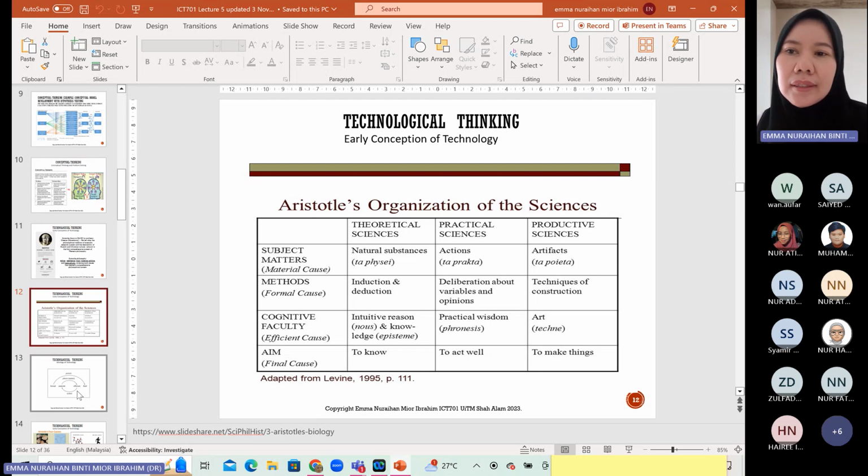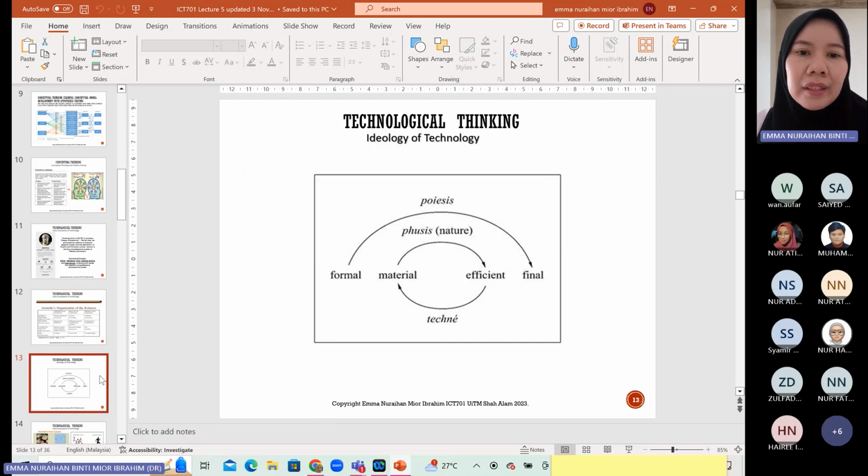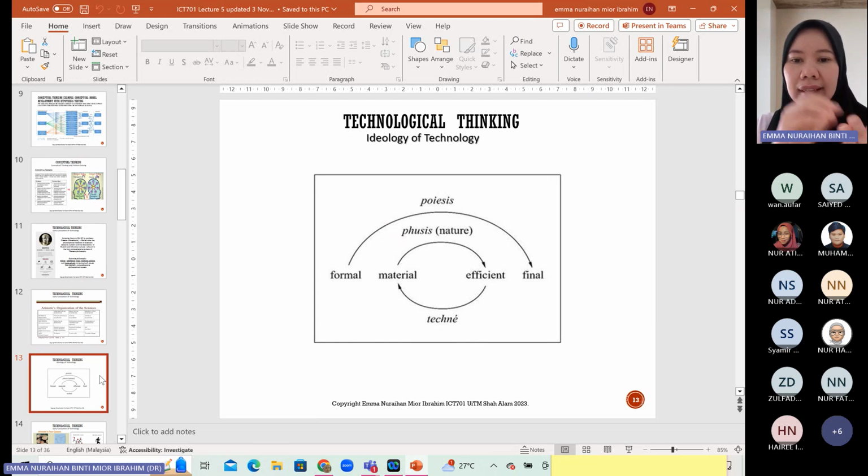Practical is to act upon the solutions, how to act on the solutions. Productive sciences, how to make the things to become the final product. So dia dah susun macam ni ya, nampak macam simple tapi kita tengok how it applies in the real world. So ideology of technology, it comes from formal, material, efficient, and to the final.